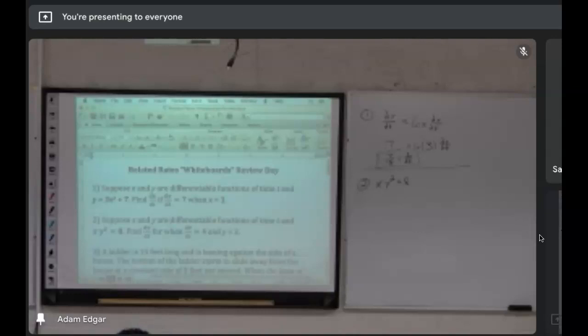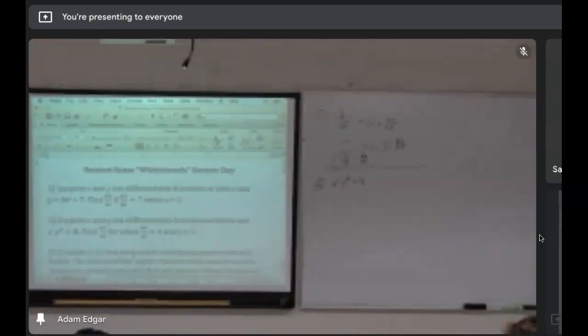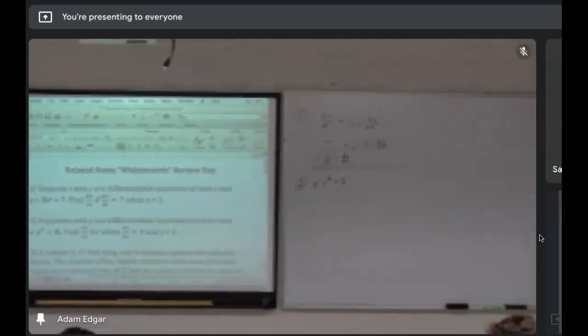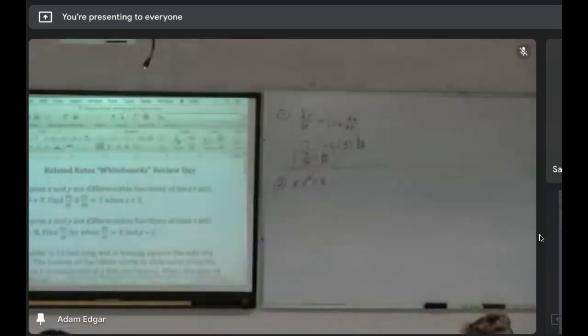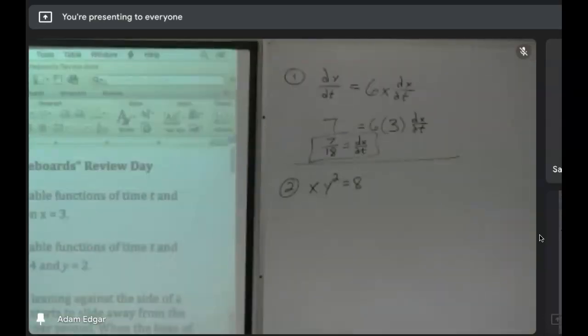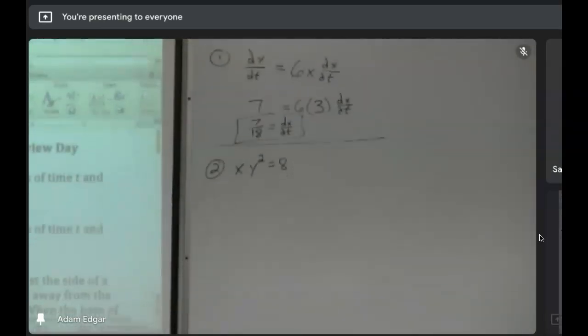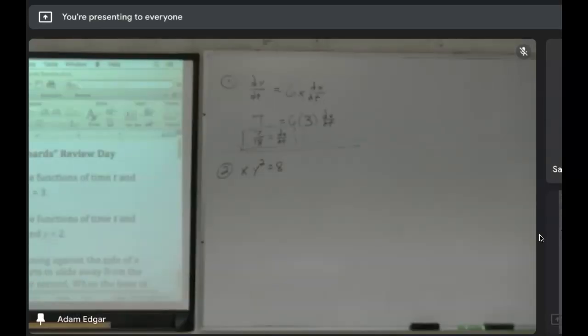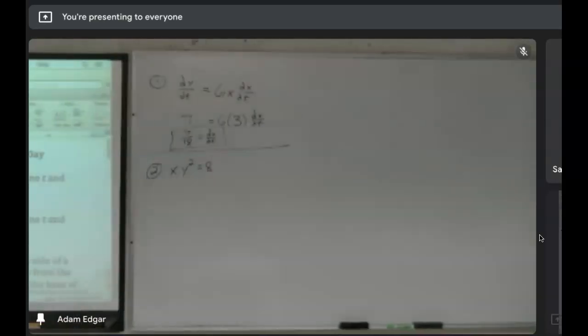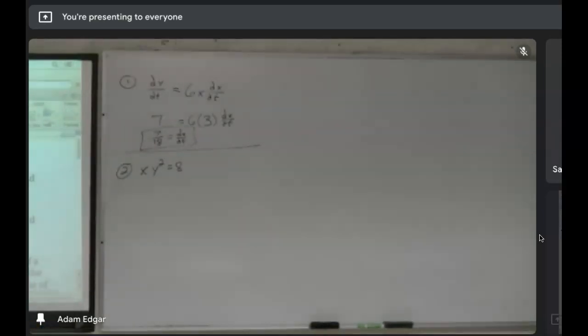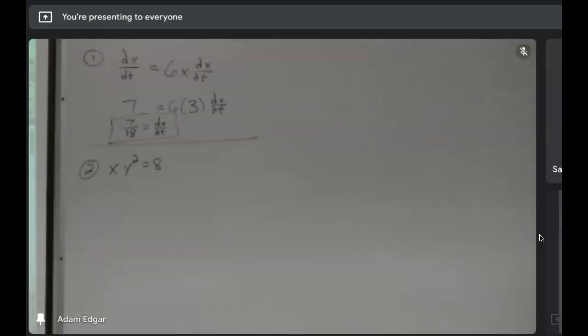Then I'll have the camera over on the board for going over it. So I'm just going to mess with the camera here, and you can look at the other thing that I'm presenting so you can see what the problems are, and then switch over to the camera when it's time to go over it.